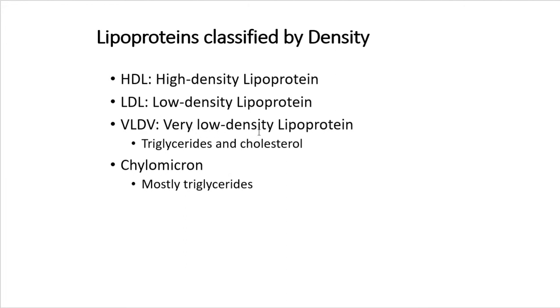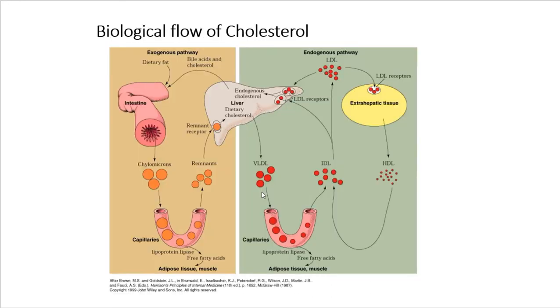VLDL is a very low density lipoprotein, and we also have chylomicron, mostly triglycerides. In this graph, you can see the biological flow of cholesterol and how you can find it in different paths during the metabolism in our body.